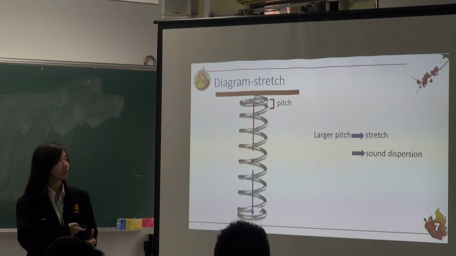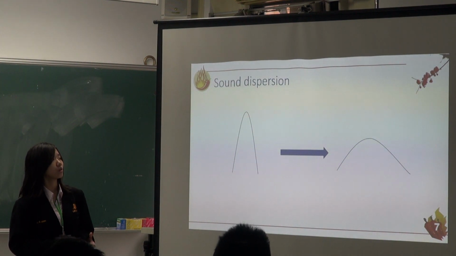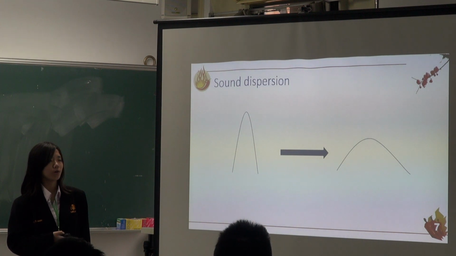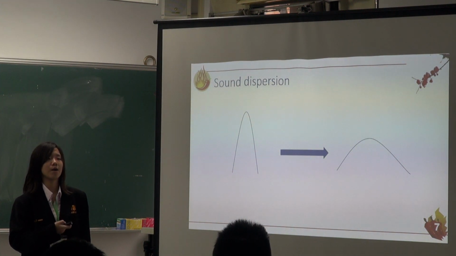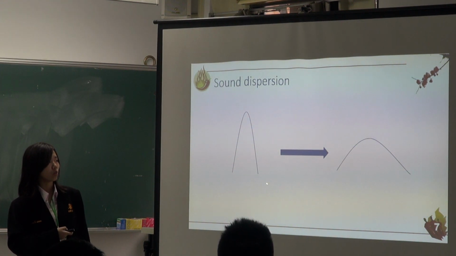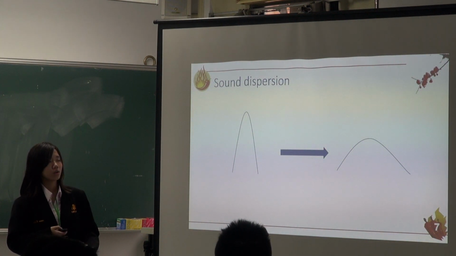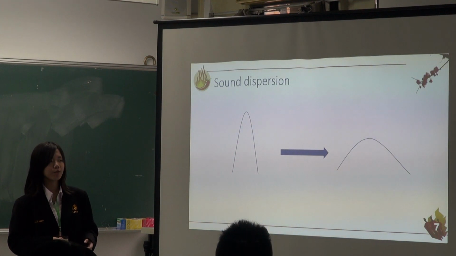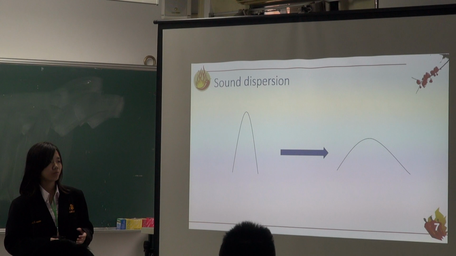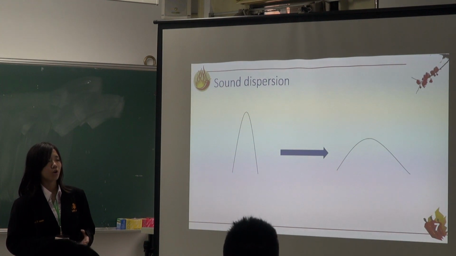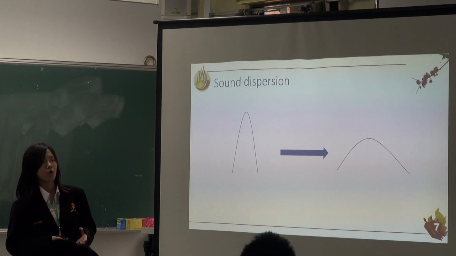And this is the sound dispersion. When the sound dispersion happens, the wave will change into high frequency and low frequency. So the wave is similar like this, and because the high frequency will decay with time faster than the low frequency, after some time only the low frequency exists.